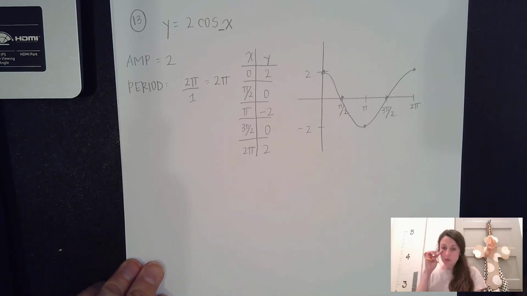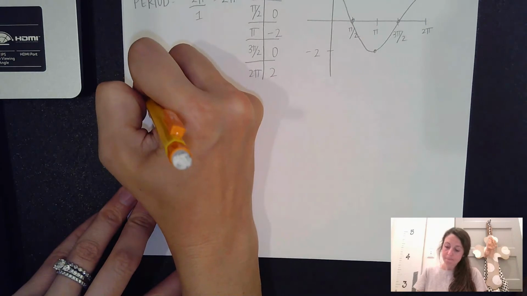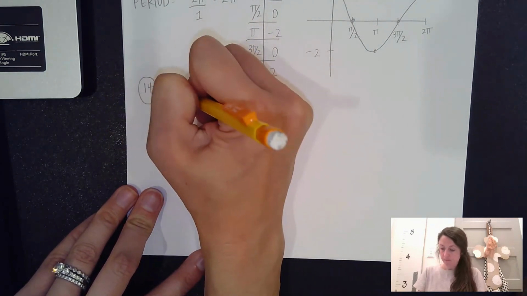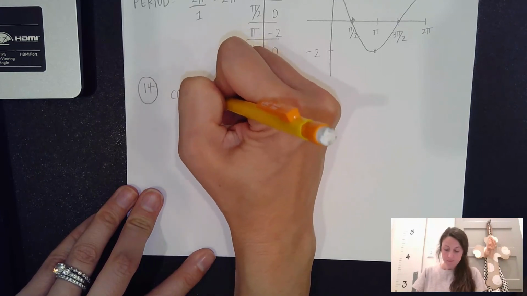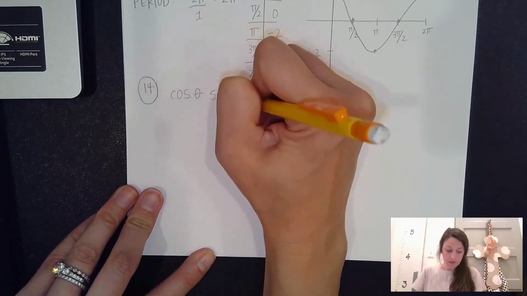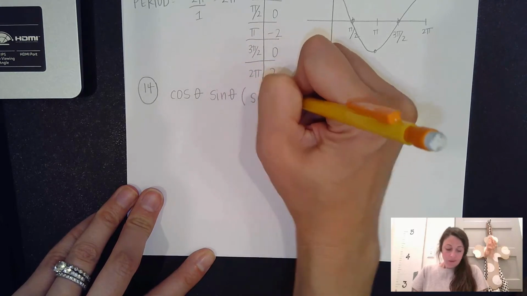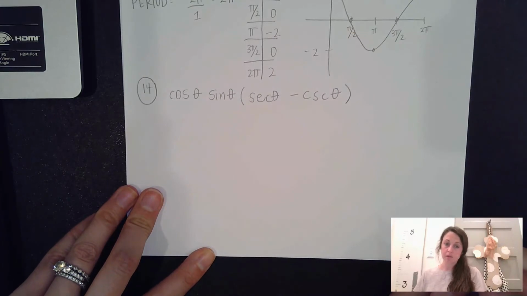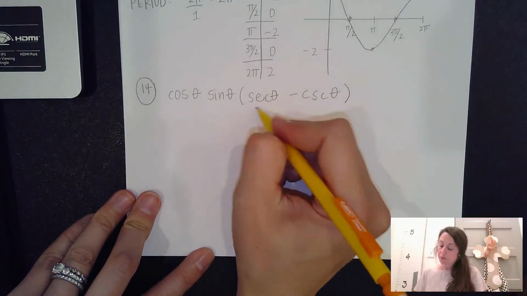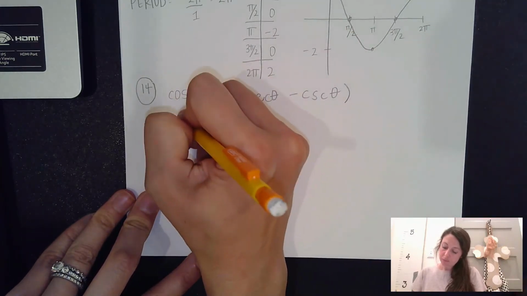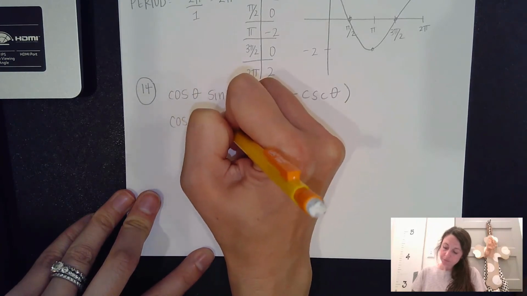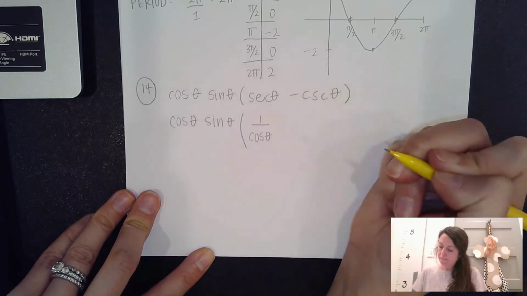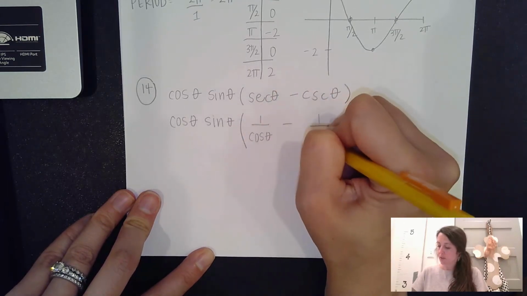All right, we also talked about simplifying as much as we could, so simplifying trig functions or identities and just getting them down to something else. So before I do this, secant is what? Secant is 1 over cosine. Cosecant is 1 over sine.